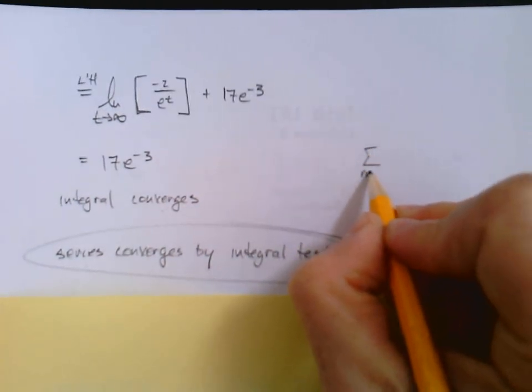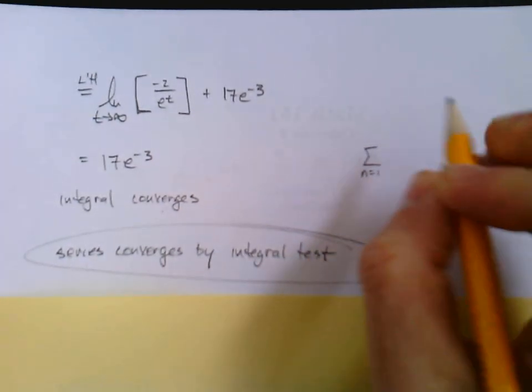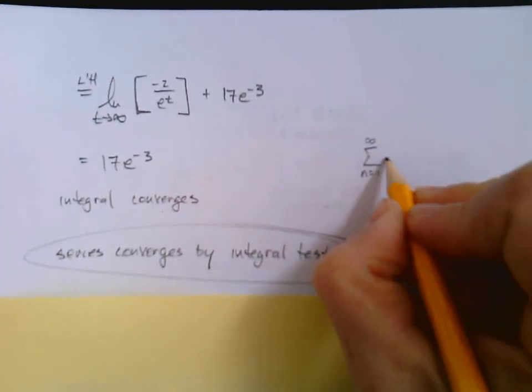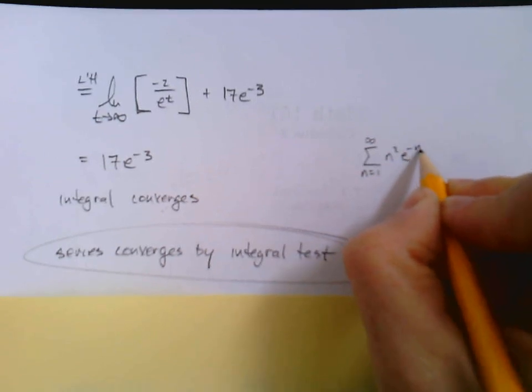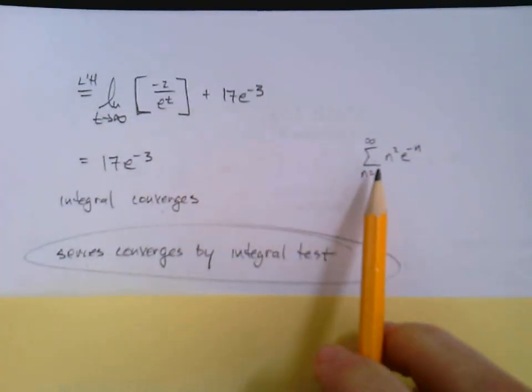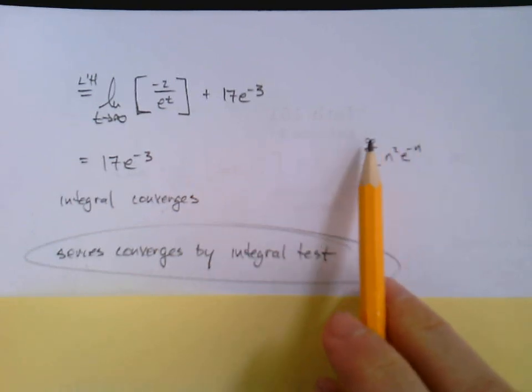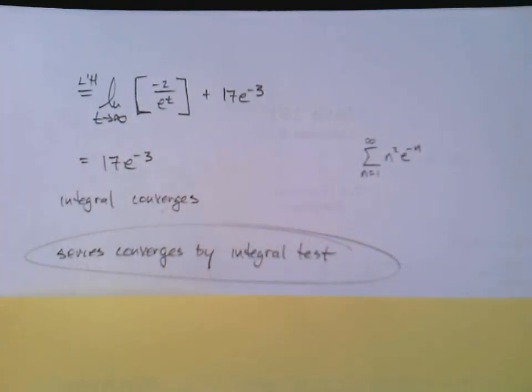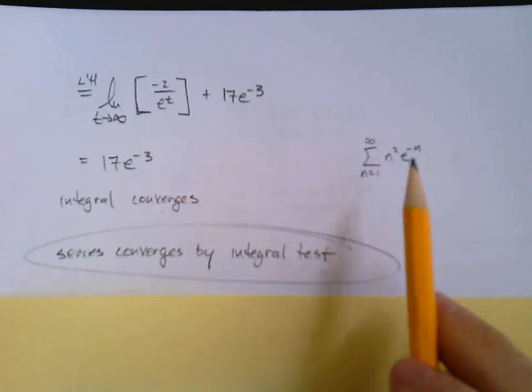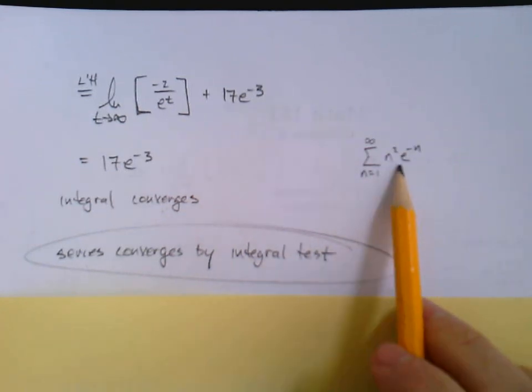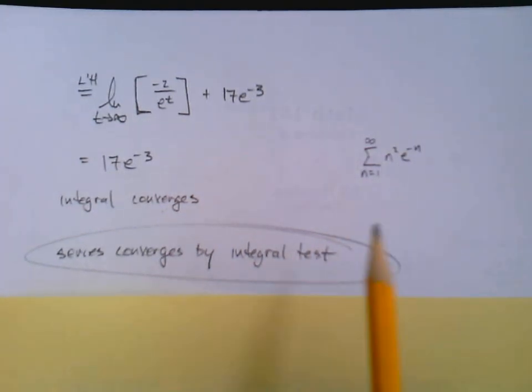N equals 1 to infinity, was it n squared e to the negative n? Do we know what that converges to? Do we know exactly what all of these add up to? No, we have no idea what those numbers add up to. All we know is that it converges.